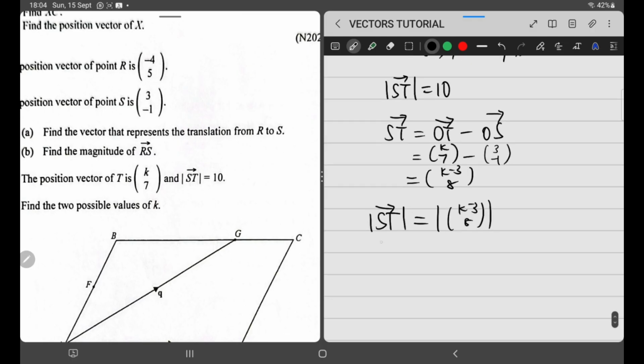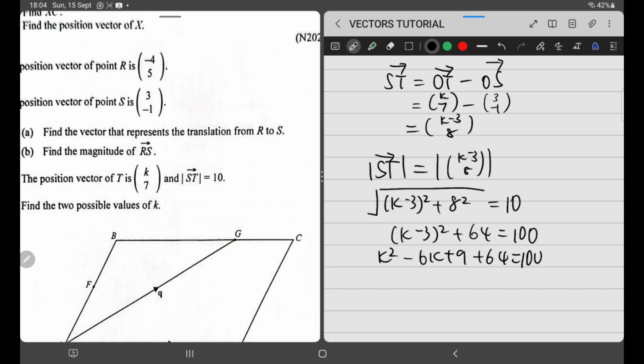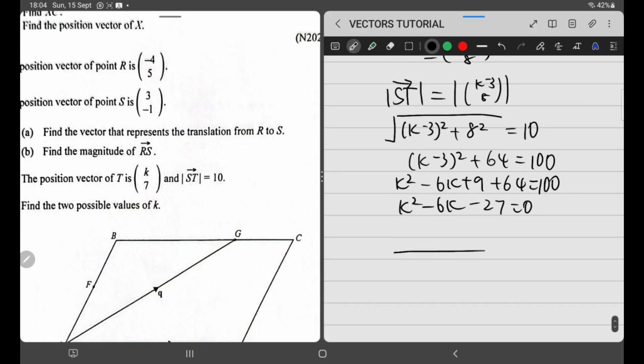That means when you take the square root of (k minus 3) squared plus 8 squared, you get 10. Remove the square root, you have (k minus 3) squared plus 64 is 10 squared, essentially 100. So k squared minus 6k plus 9 plus 64 minus 100, you end up with k squared minus 6k minus 27 equals 0.